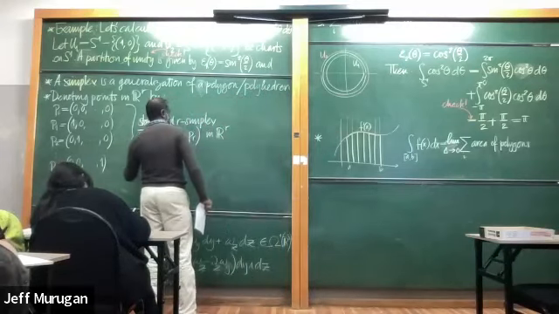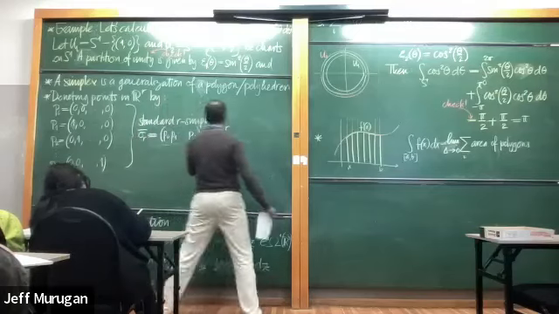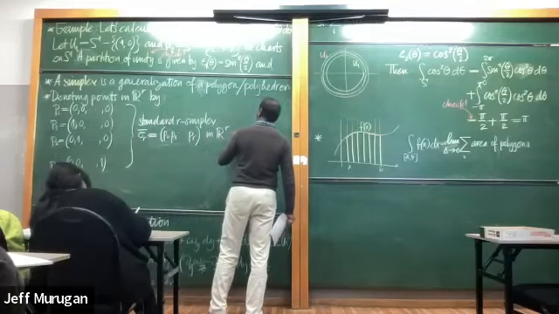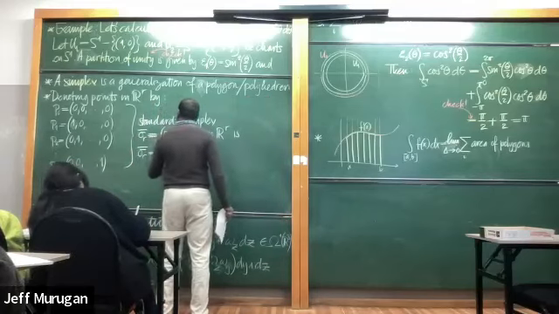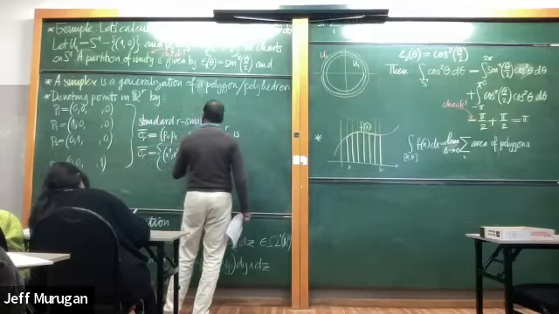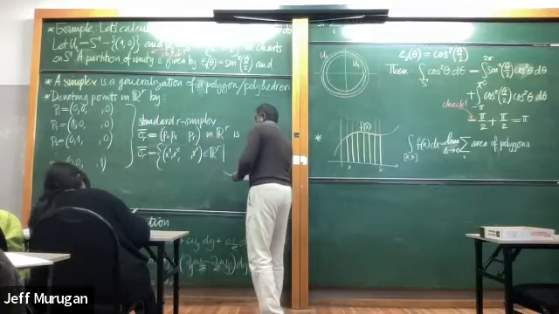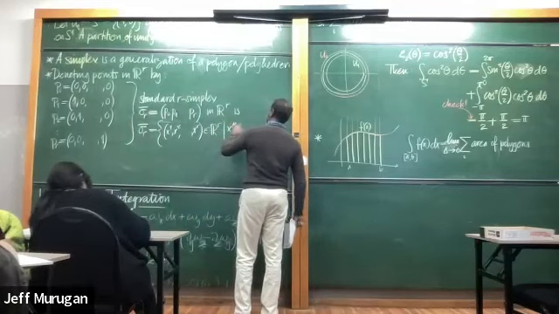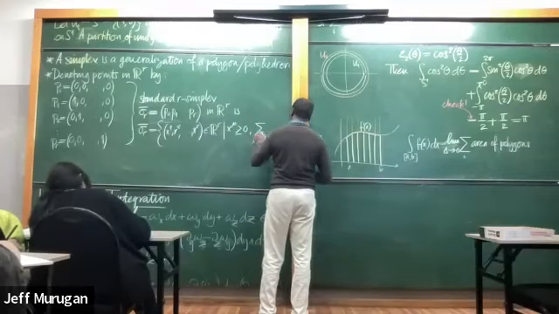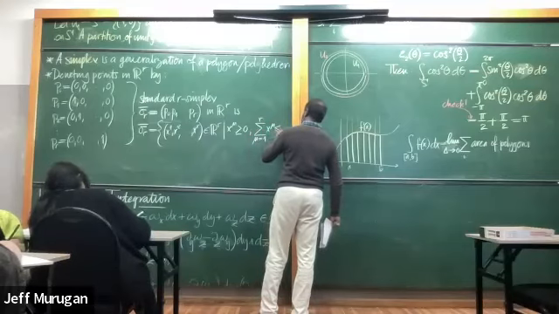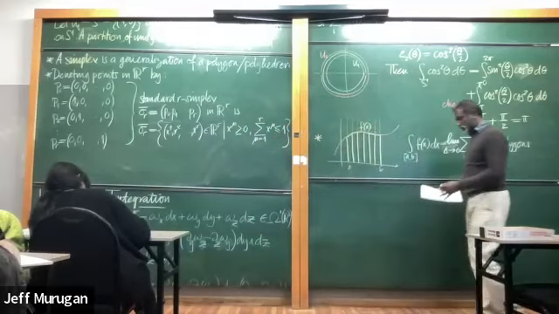Essentially, sigma r bar is the set of all points x1, x2, through xr in R^r such that x mu is greater than or equal to 0, and the sum over mu equals 1 to r of x mu is less than or equal to 1, where x mu is the coordinate on R^r.